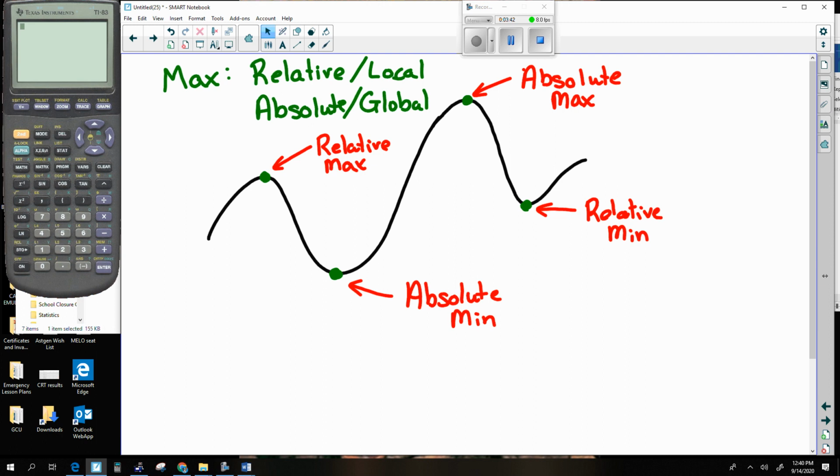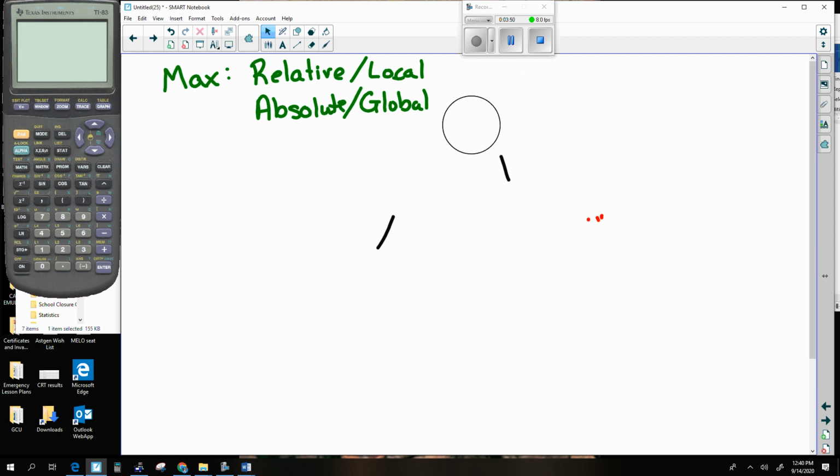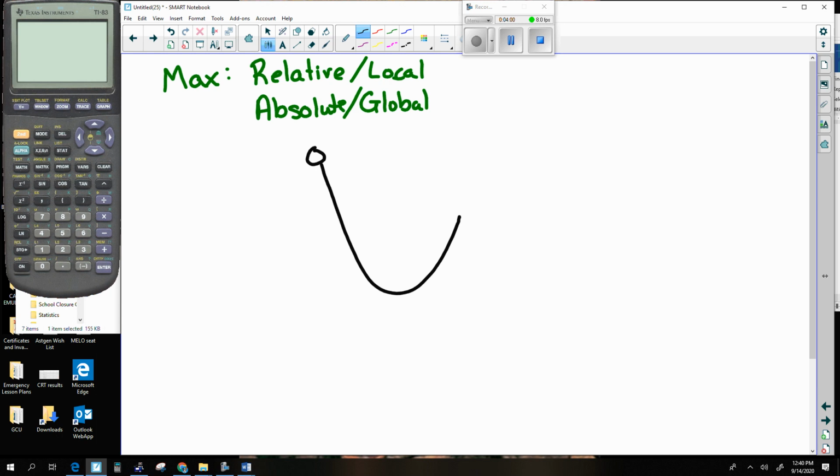Now, talking about endpoints and things like that, what if I had a picture that did this? Actually, let me make it a little bit easier here.